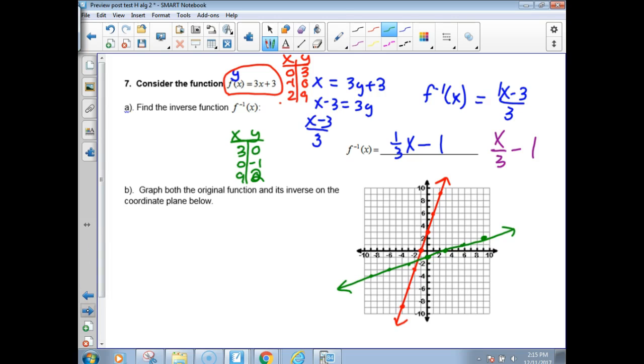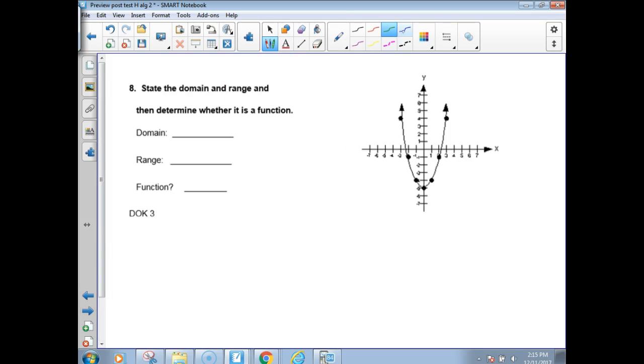All right, moving on. Number 8. This is a function because it's a parabola that passes the vertical line test. So yeah, it's a function. Its domain's negative infinity to infinity, and its range is from, is that negative 5? Okay, inclusive of negative 5 because the vertex is included, on up to infinity.